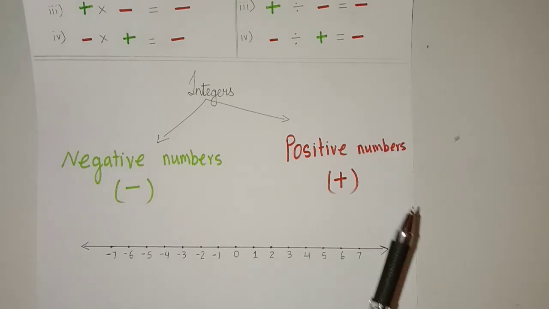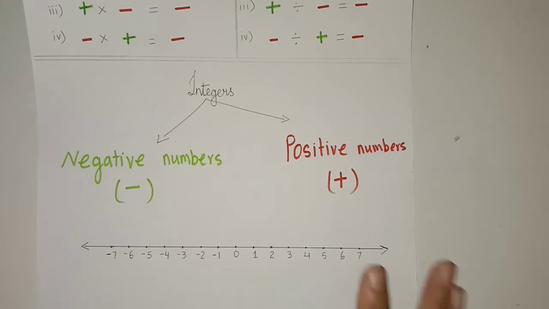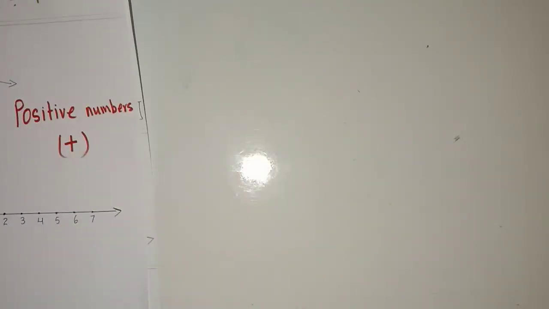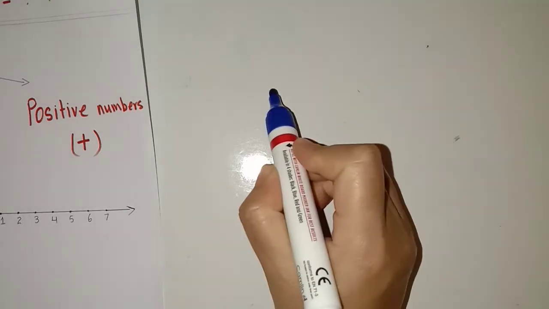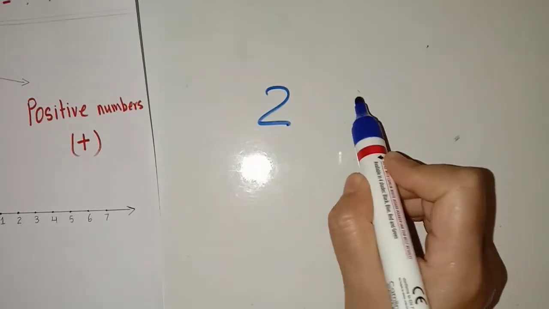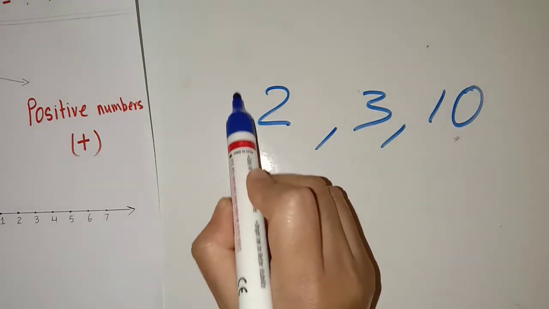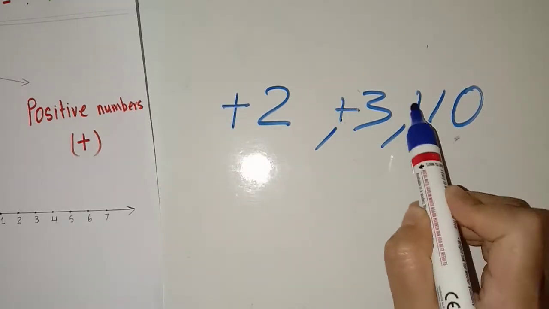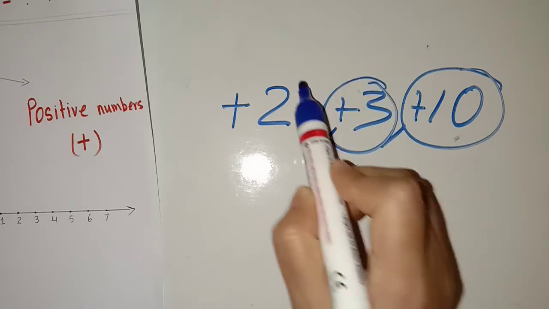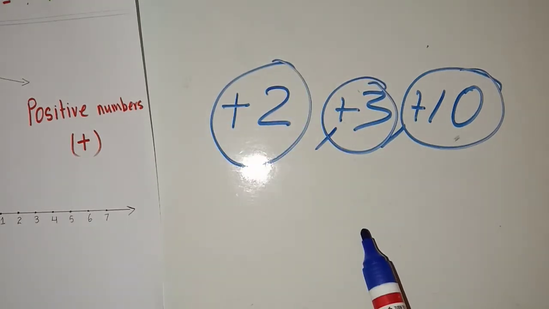Take for example, let me show you on this board. Suppose I have the number 2, the number 3, the number 10. I will write plus, plus, plus. These are called positive numbers, or we can say positive integers.